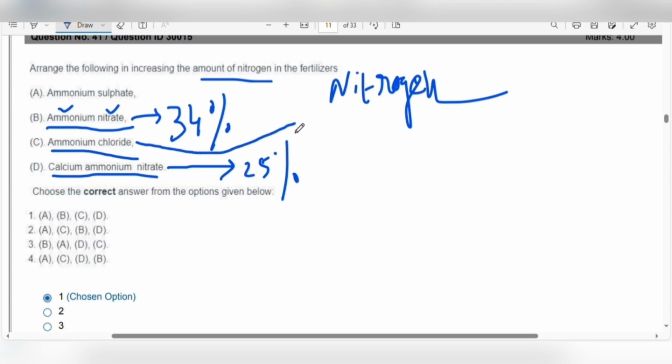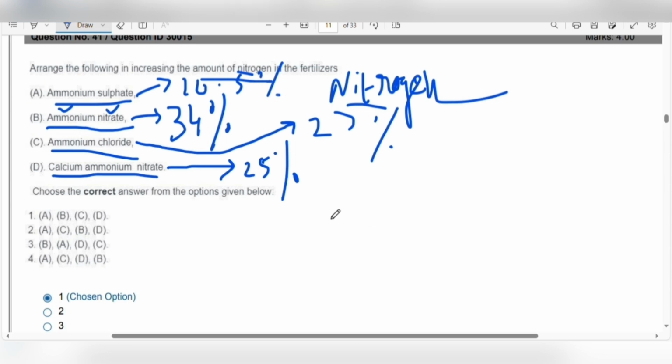You can find them in the new ISSS, in the old ISSS, in any standard book, with their nitrogen content and everything. Ammonium chloride also contains 25%, whereas ammonium sulfate contains 20.5% nitrogen.